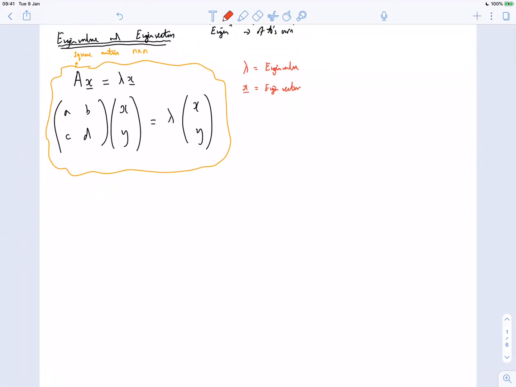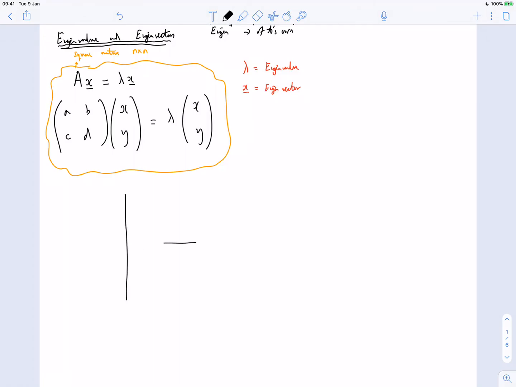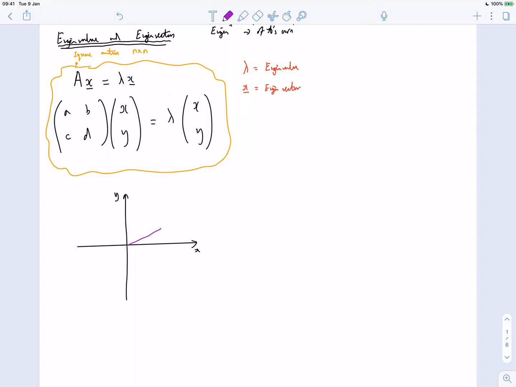Geometrically, what's going on is suppose, let's take the 2-dimensional case because it's easier to draw. Let's suppose I've got several vectors. Let's say I've got a vector looking like this. Let's call this x1. Let's say I've got another vector over here.